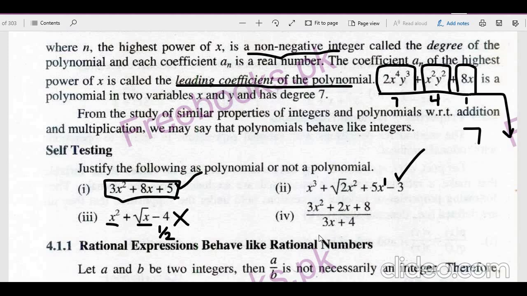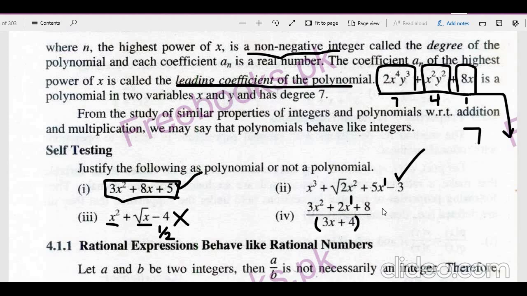Okay, let's find this. The exponent of x is 2, okay, positive. The exponent of this x is 1, it's also positive. This is a constant. But what about this term? This is the denominator of this algebraic expression.